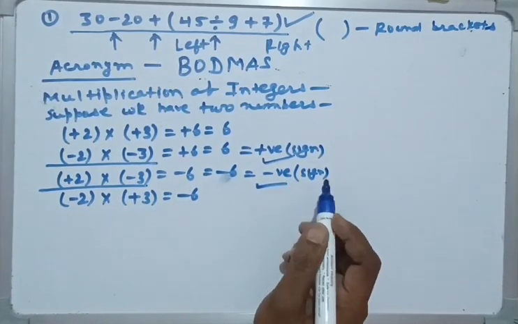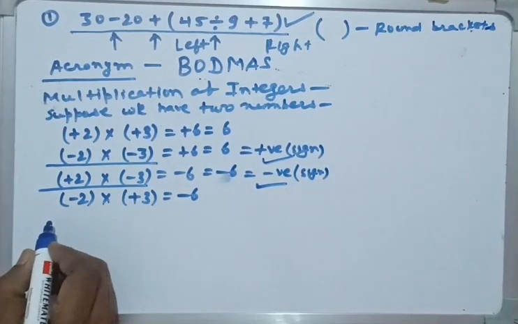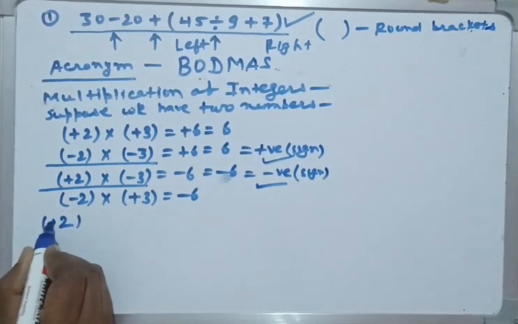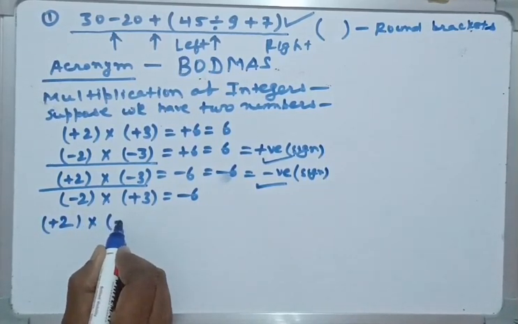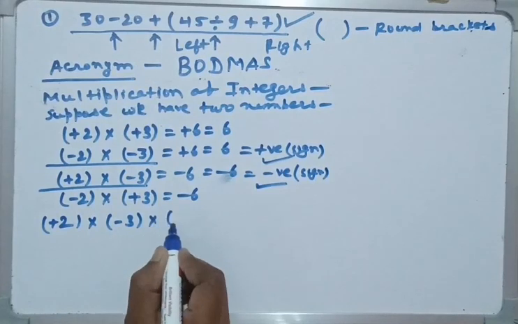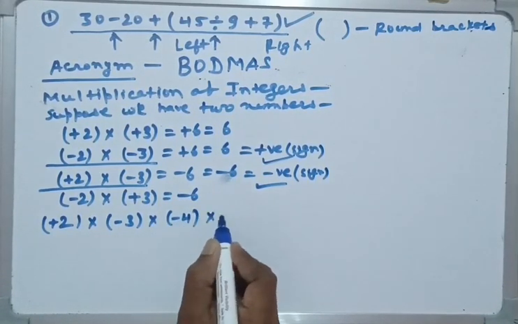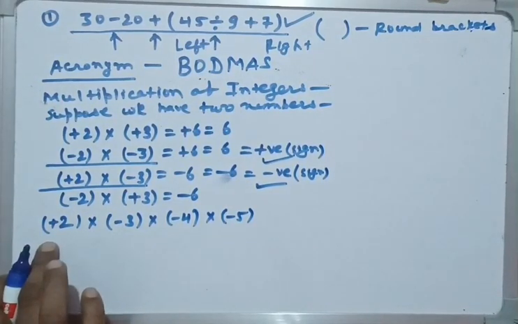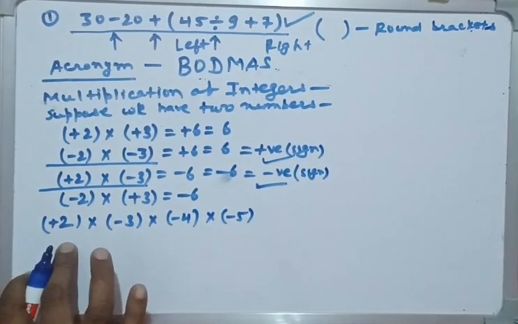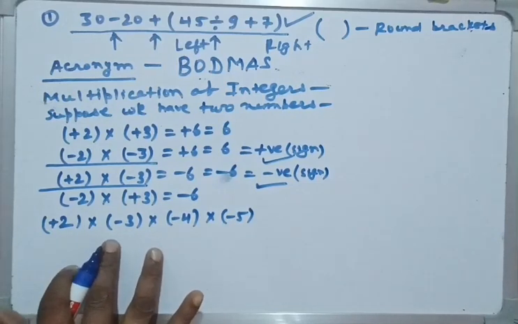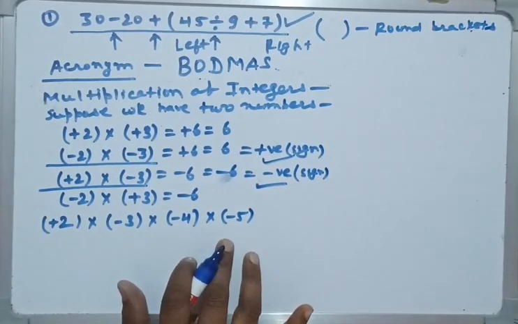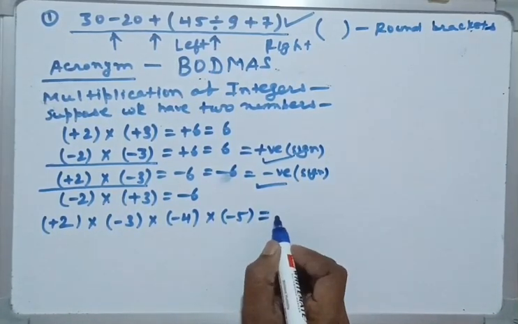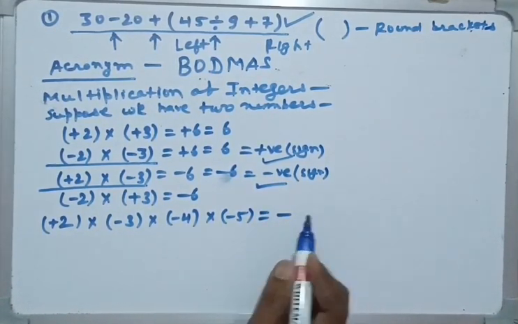See, for another question, suppose +2, and then -3, then -4, then -5. Now there are more than two numbers and we are taking the product of all of them, so the solution must contain a negative sign. Why?